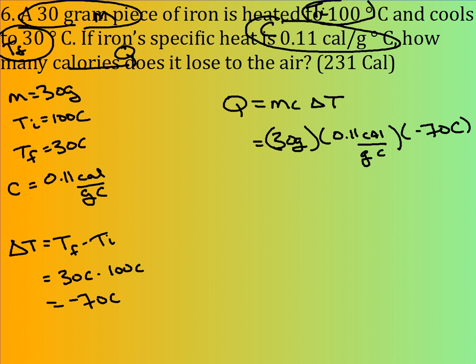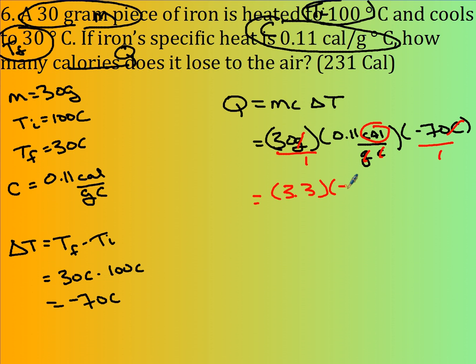I'm going to check my units real quick. Grams in the numerator. Celsius goes away. I'm left with calories. Now I'm going to put all this over 1 and multiply straight across. So do one thing at a time. 30 times 0.11 is 3.3.